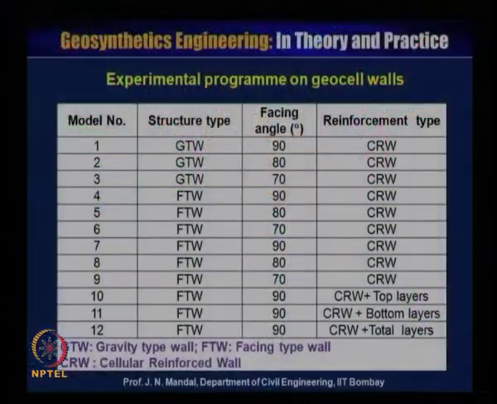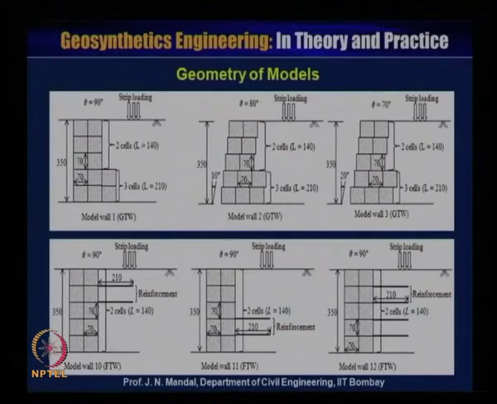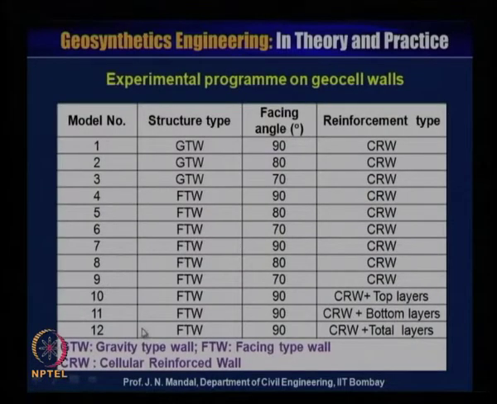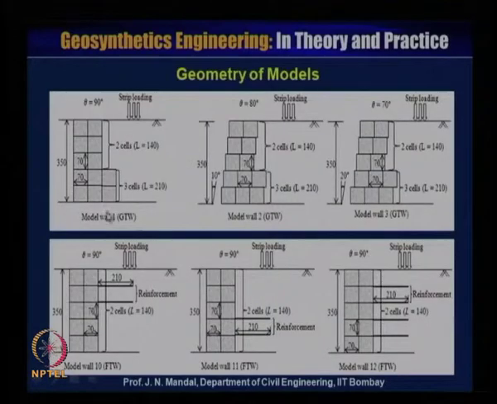So, these are the models defined and experimental work that have been carried out. You can see that different types of geometry of the model have been considered. Let us say, model 1, and I mentioned what GTW is, that is gravity type wall.